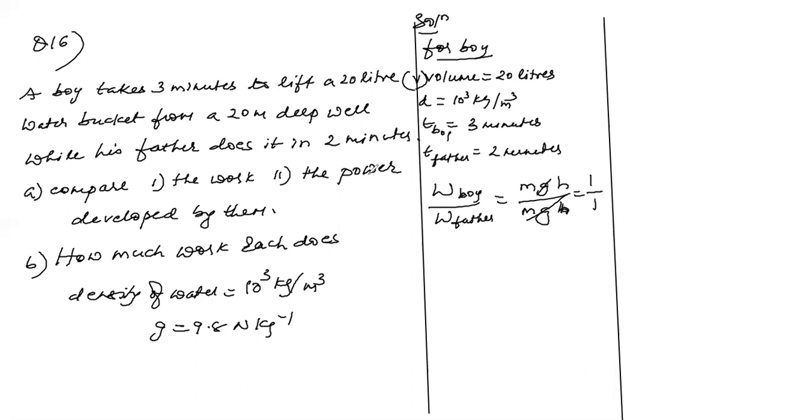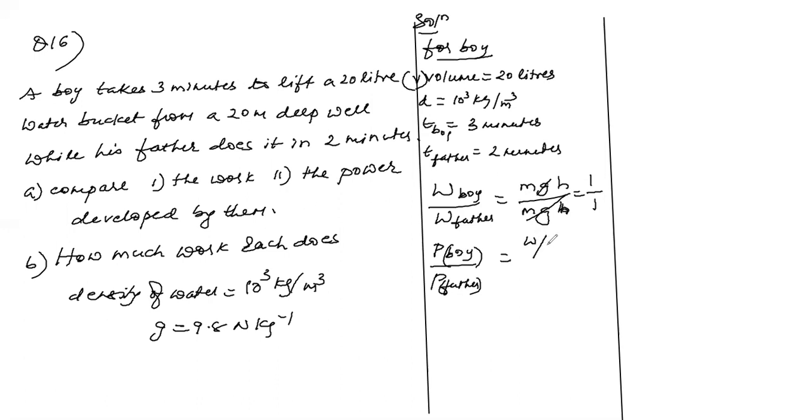Got it? Then power developed. Power developed will be power of the boy upon power of the father. This will be the work of the boy upon, have a look at how much time it takes for him.